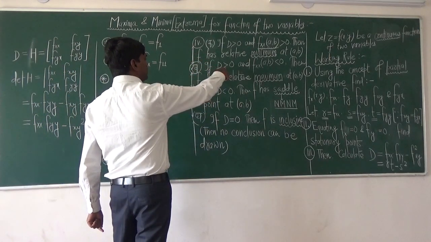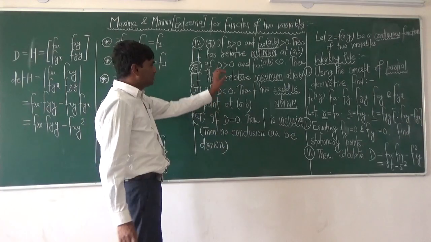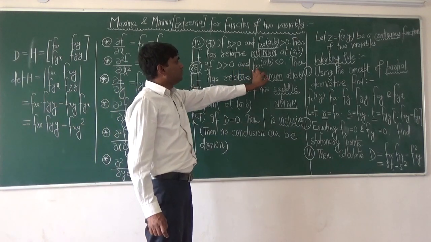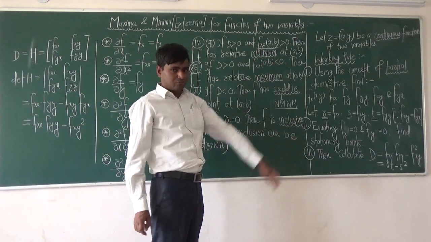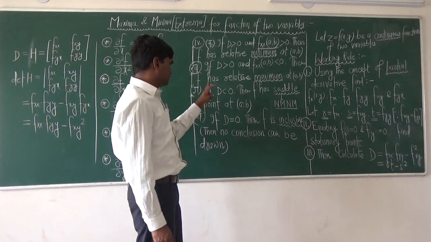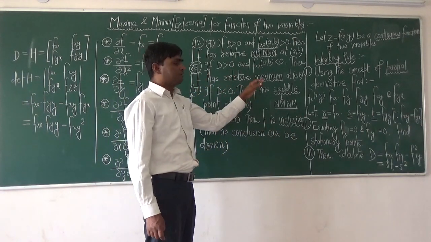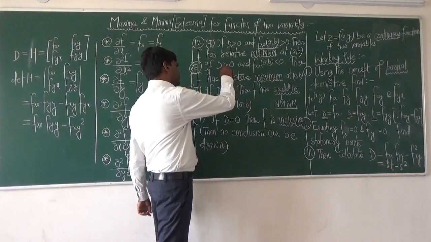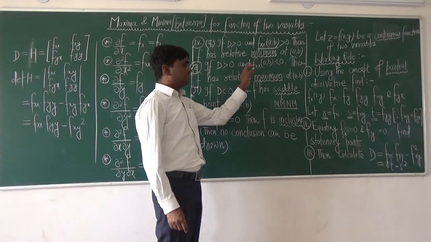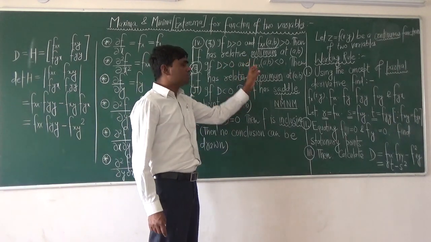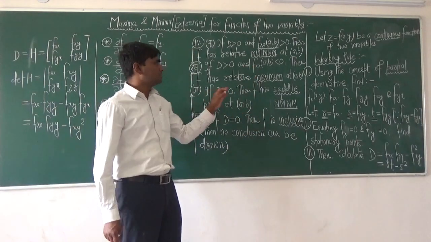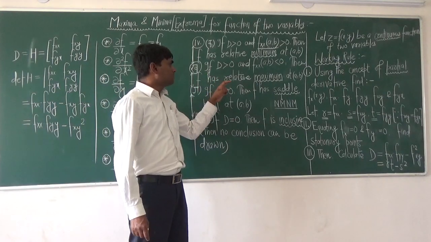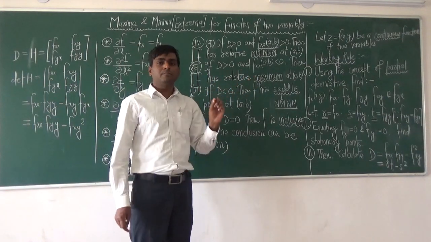If d is greater than 0, meaning the discriminant is positive, but the second order partial derivative with respect to x is less than 0, then the given function has a maximum at that point.